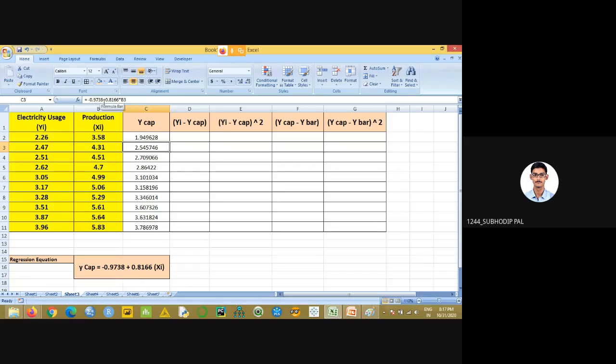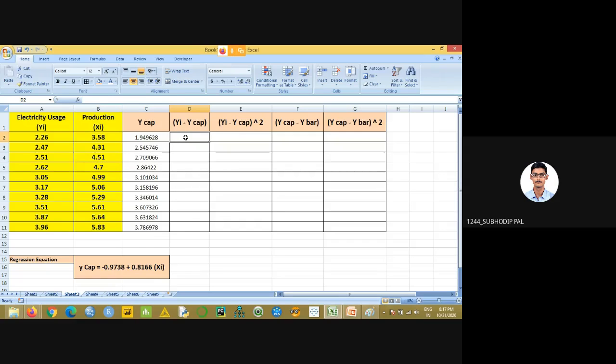All the other values are fixed. Only the xi value will be changing. For the next one, B4 means 4.51. Got it? Yes, I got it.